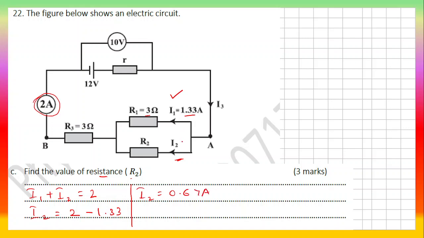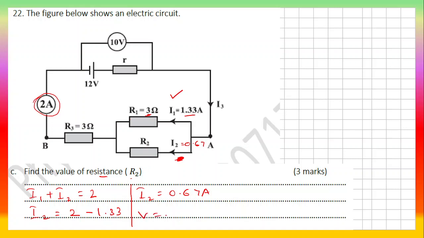Now we know the current, and we need to know the potential difference, the voltage here. So how do we get to know the voltage? I've said the voltage through R1, that is the 3 ohm resistor, is the same as the voltage through R2.